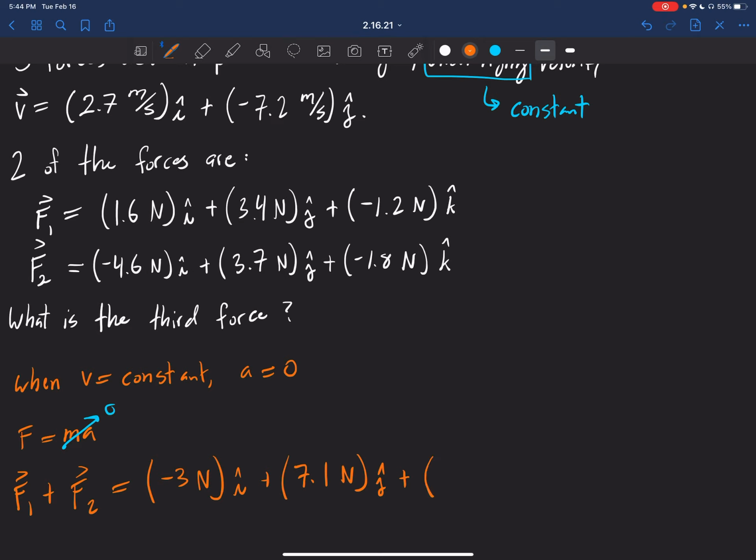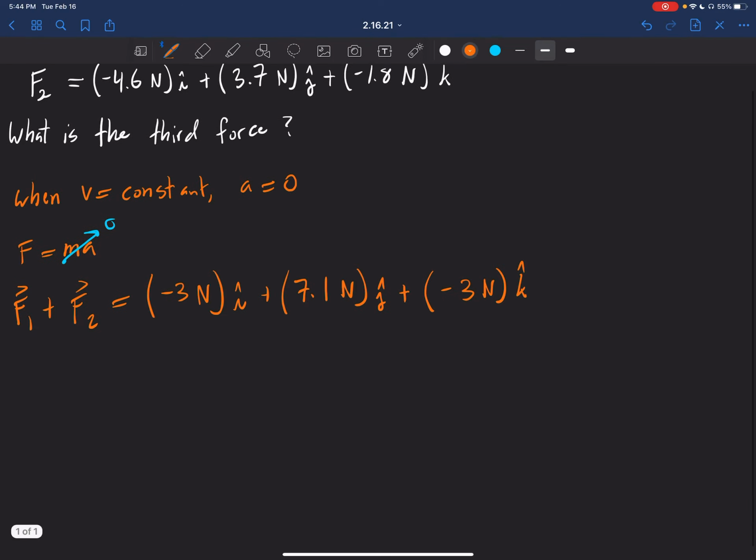And then in the z direction, there's minus 1.2 and minus 1.8, and that is just minus 3 newtons. So that's the sum of two of the forces that we have.